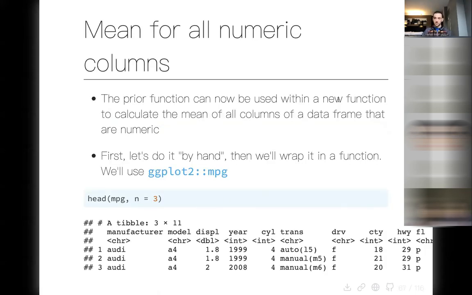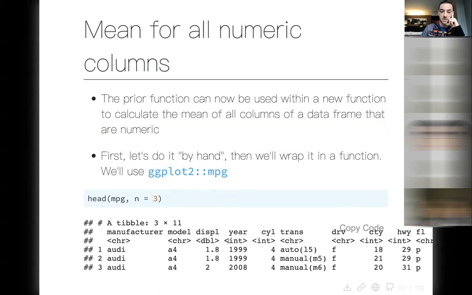So we could use that function within another function, as always. Let's say we want to calculate the mean of all numeric columns in a data frame. So I guess we're going to first do this by hand. We're looking at the mpg data set from ggplot.